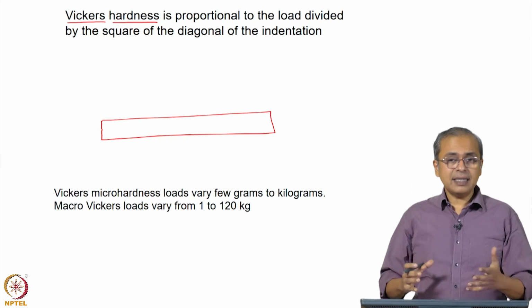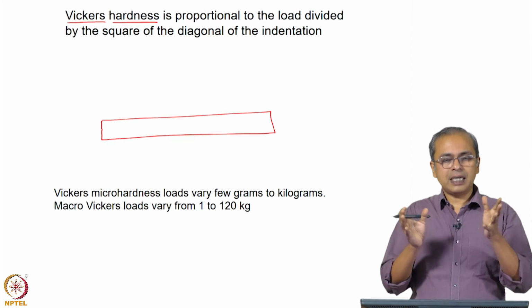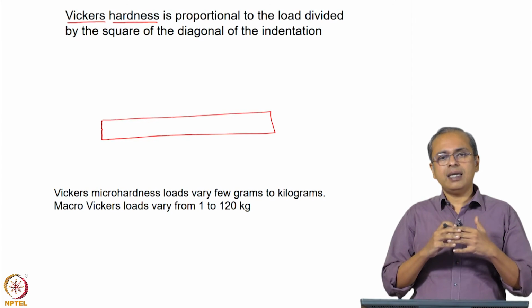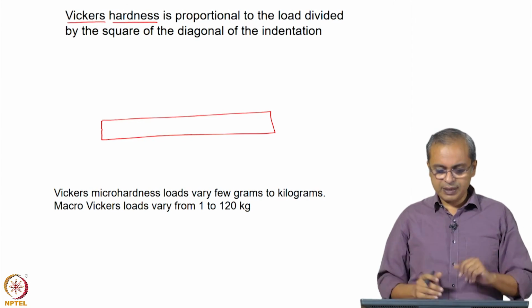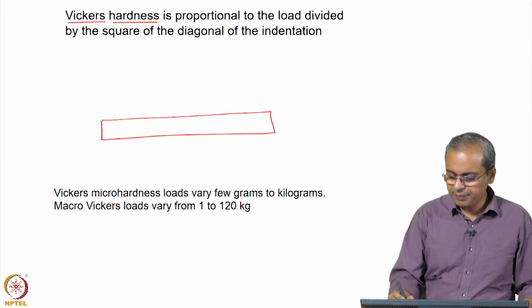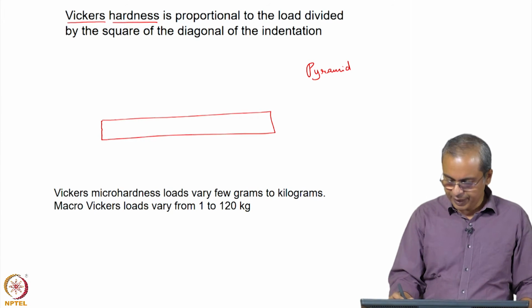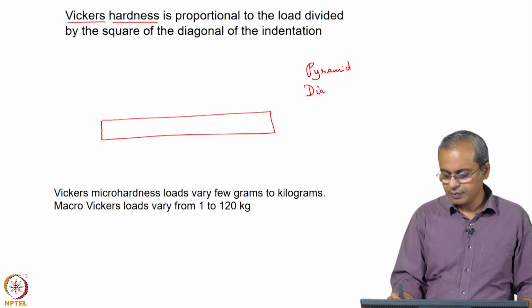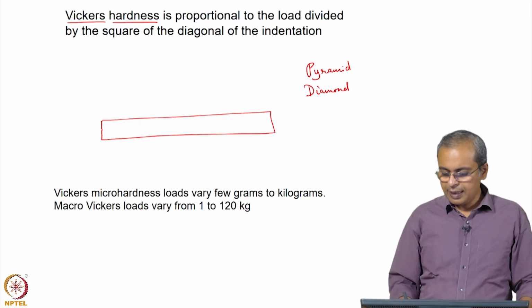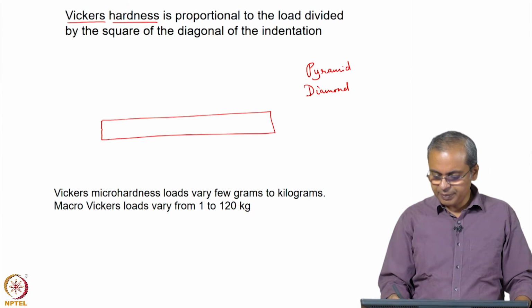To standardize it, the shape of the sharp object is fixed, and the material it is made of is also fixed. Typically it is a pyramid made of diamond, and its angle will be something like this.